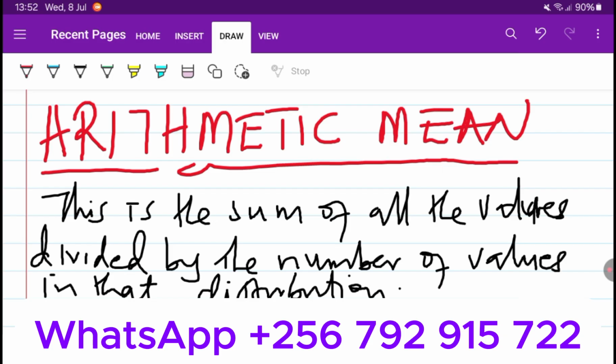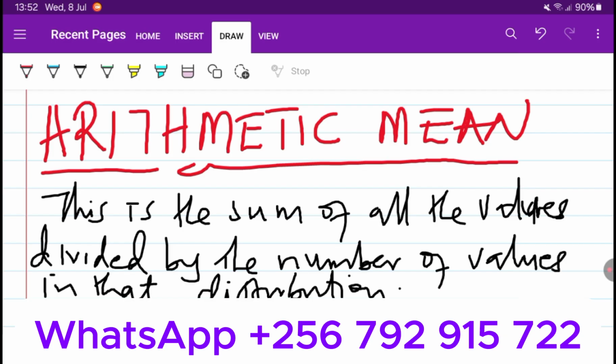Then the other aspect is that it represents the entire distribution. In other words, it summarizes the whole data in the distribution, because when you are looking at the mean, we said you sum up all the values divided by the total number of values in that distribution. So it deals with the entire data set that has been given to you in the distribution.